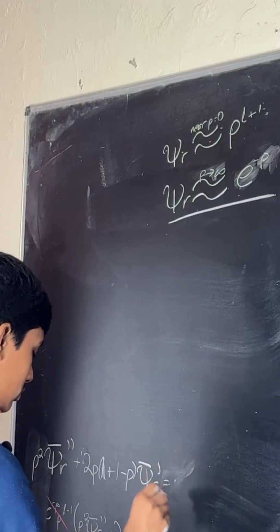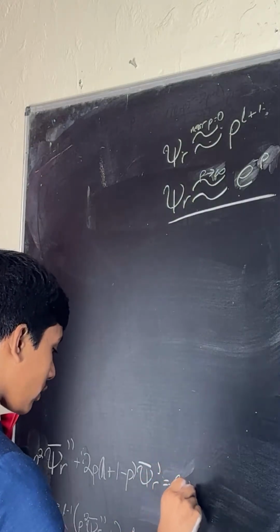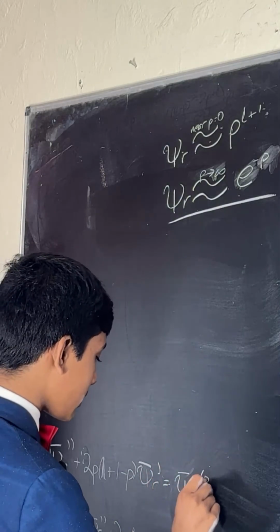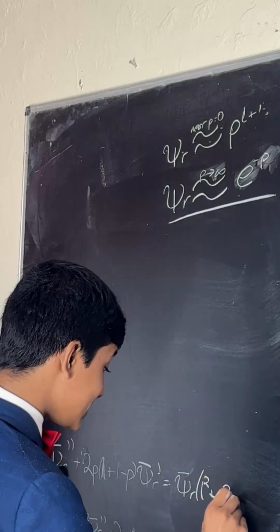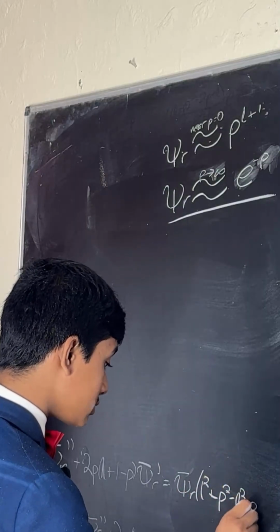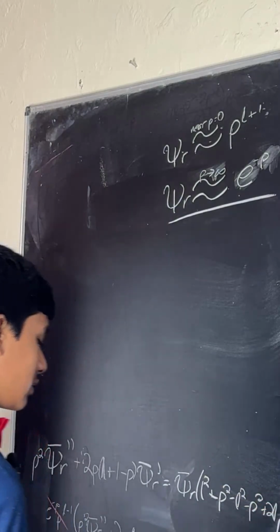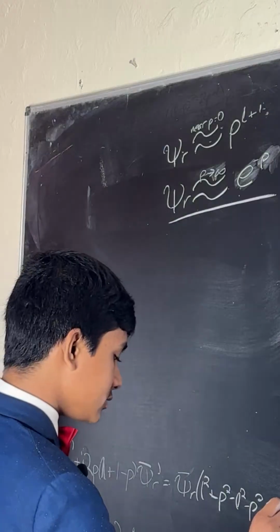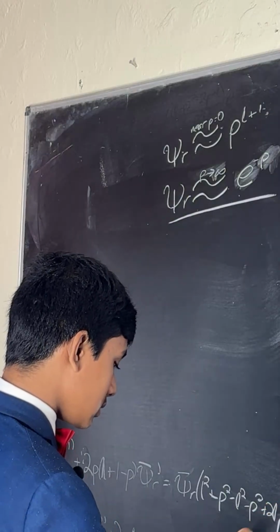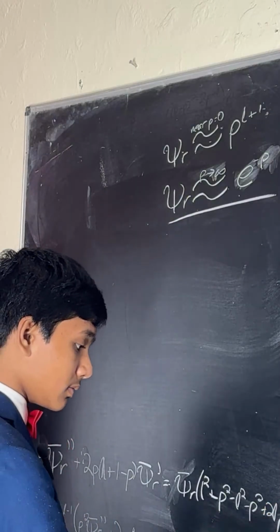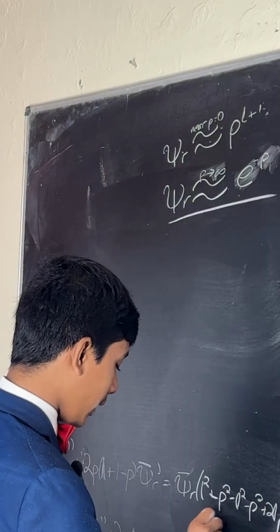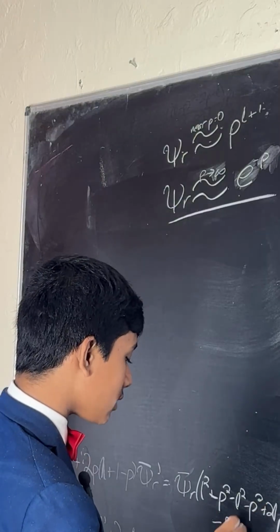So this is equal to psi r overline times L squared plus rho squared minus L squared minus rho squared plus 2L rho, oh no, minus 2 rho, plus 2 rho minus L plus L plus rho naught.